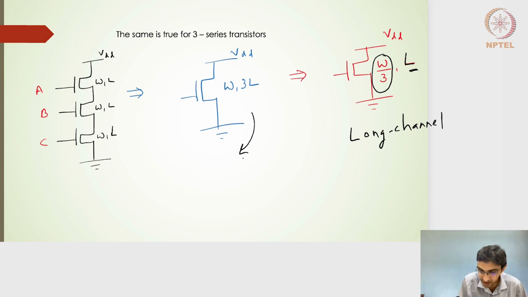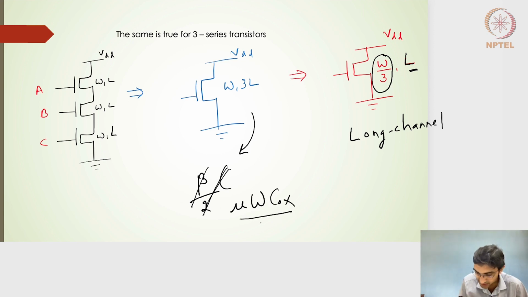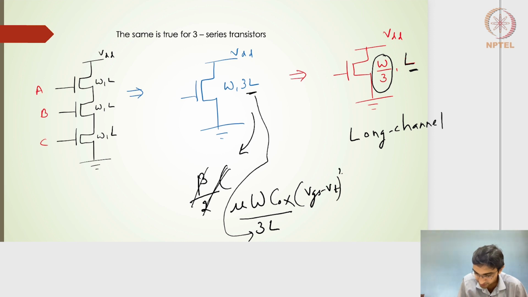If I write this particular equation, the current equation, which is the saturation equation, instead of writing it in terms of beta, I'll write W C oxide by 3L, because this is the 3L here, and then VGS minus VT the whole square.